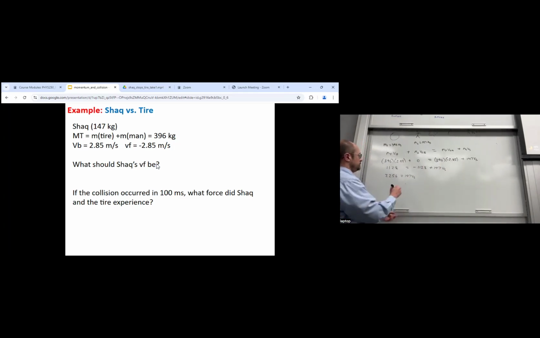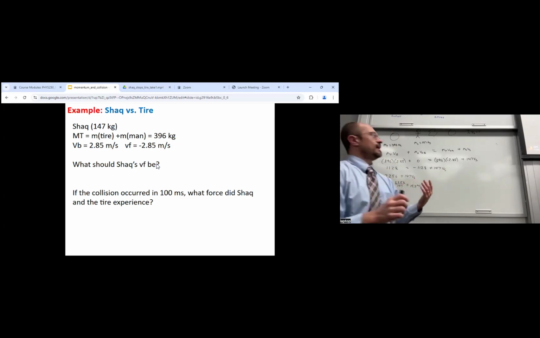Now, divide by 147, the velocity of Shaq, and Shaq then should have moved with a speed of 15.3. Now we can call this an upper bound, but Shaq should have moved with something. He shouldn't have been stationary. He should have at least stepped back or something from that hit.